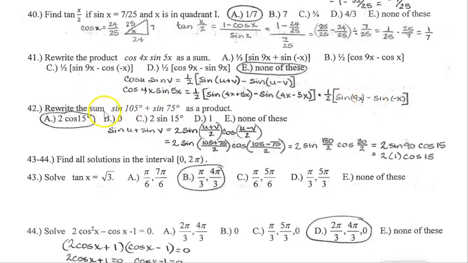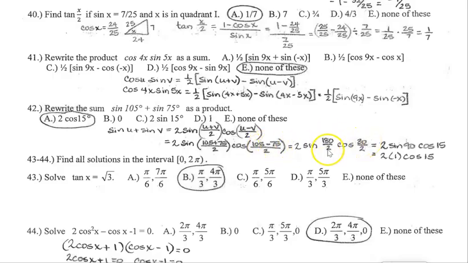All right, then for 42, write the sum as a product. So look at your sum to product formulas if you would, and we're looking for sine plus sine. So here's the sum to product formula, and you can see we're going to put 105 in for u and 75 in for v. So 105 plus 75 is going to give me 180, and 105 minus 75 is going to give me 30.